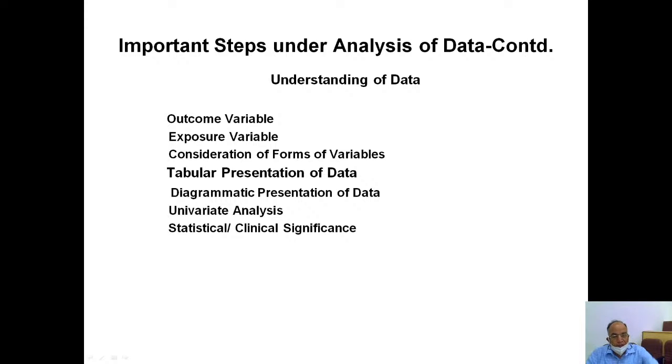Now another issue here: at the time of running the statistical packages, I will advise you to make sure that whatever tables are being generated, the names of the variables are listed, not in the coded form, variable 1, variable 2, variable 3.